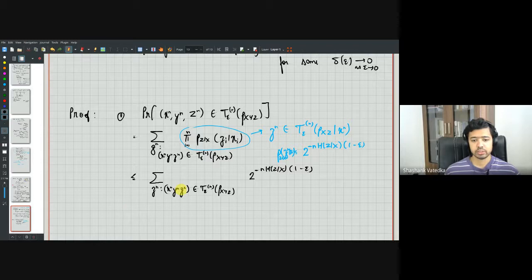Here we're actually drawing according to Pz given x, so the Zn that is drawn corresponds to the conditional typical set T epsilon n of Pxz given xn. Whereas here we're looking at all possible sequences in a slightly different typical set. The Zns that we are summing over correspond to T epsilon n of Pxyz given xn, yn.